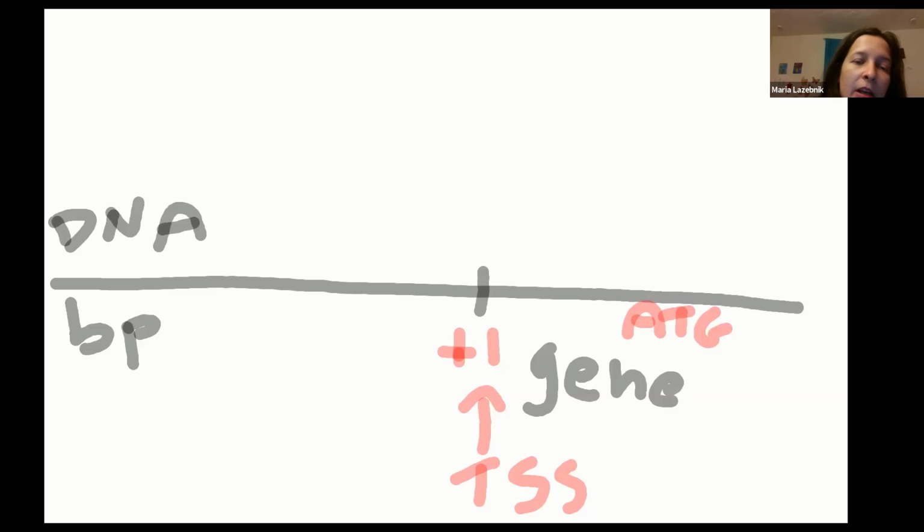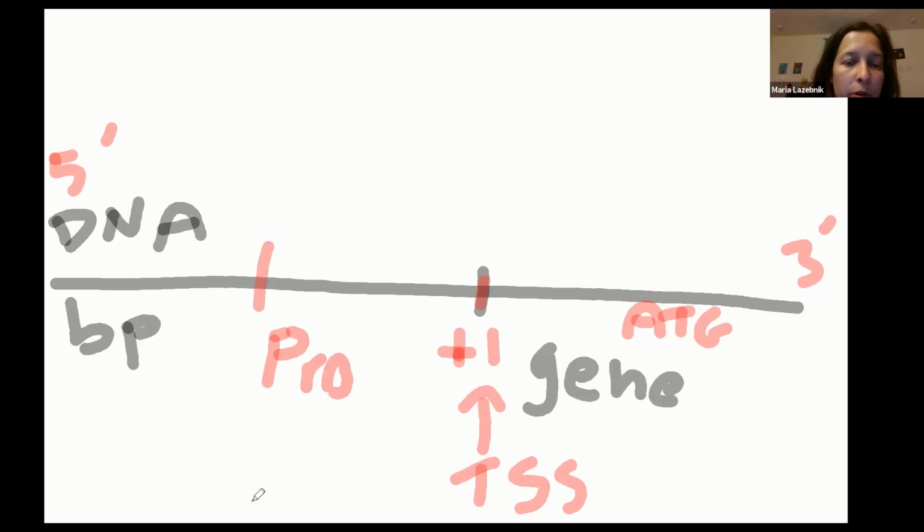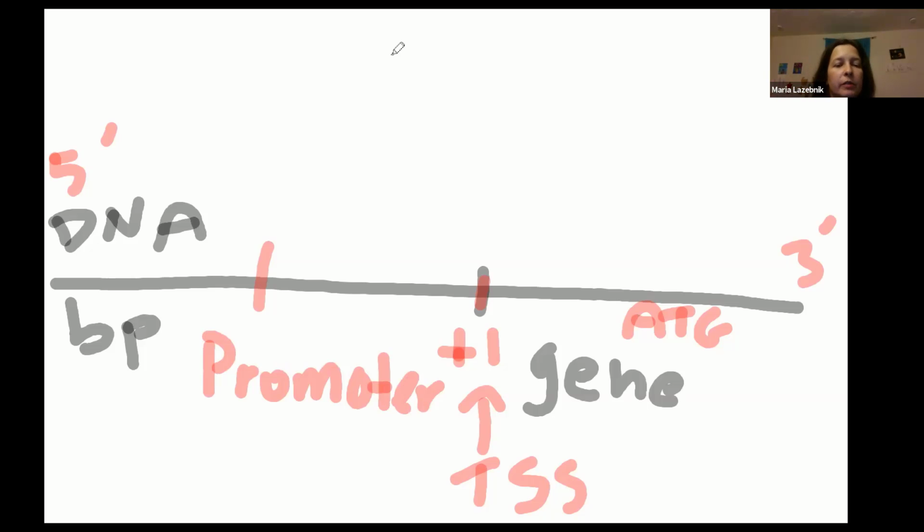And so next to the gene at the 5' end, so remember this is our 5' end and this is our 3' end, at the 5' end next to the gene is a sequence called a promoter sequence. So right here is a sequence called promoter. The promoter sequence is located next to the gene at the 5' end of the gene.